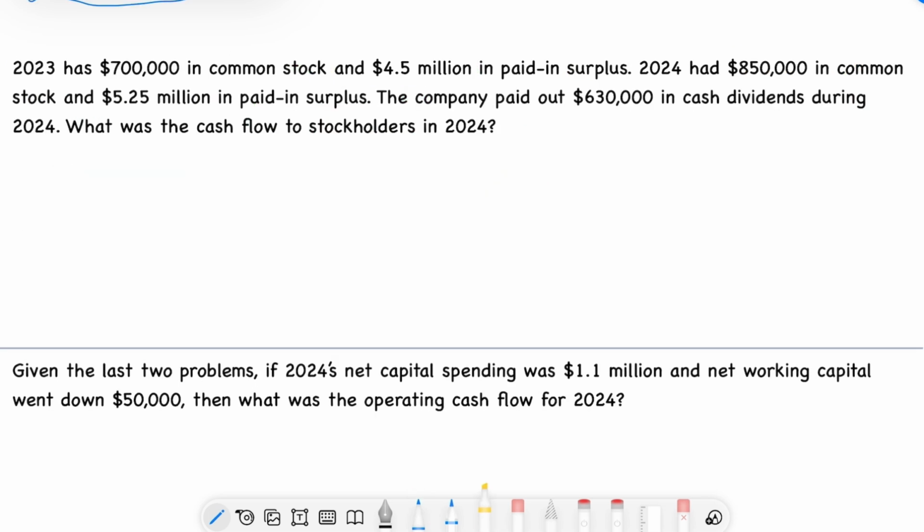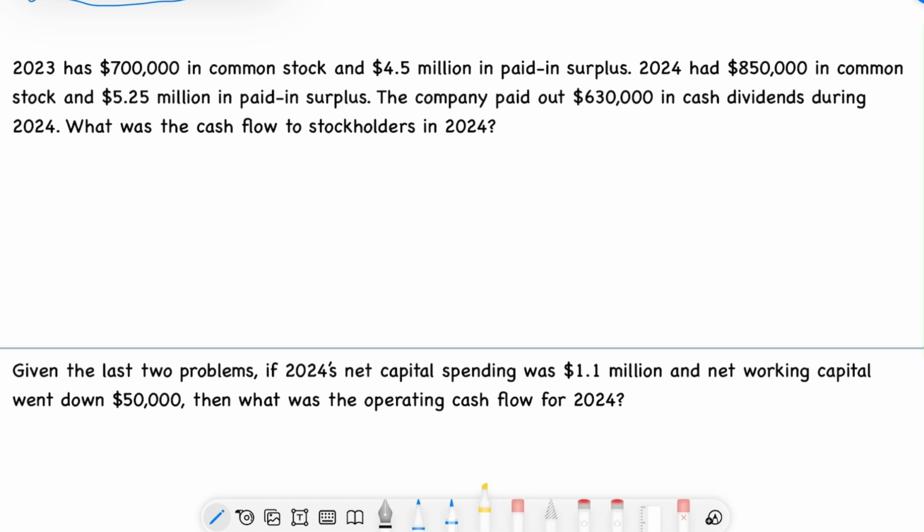All right, this next problem says 2023 has $700,000 in common stock and $4.5 million in paid-in surplus. 2024 has $850,000 in common stock and $5.25 million in paid-in surplus. The company paid out $630,000 in cash dividends during 2024. What was the cash flow to stockholders in 2024?